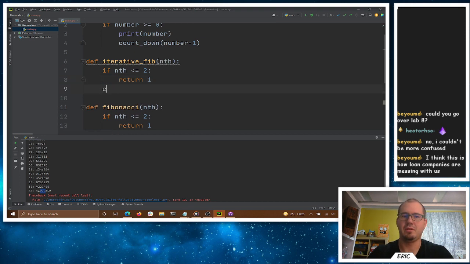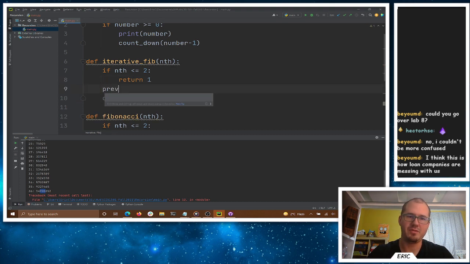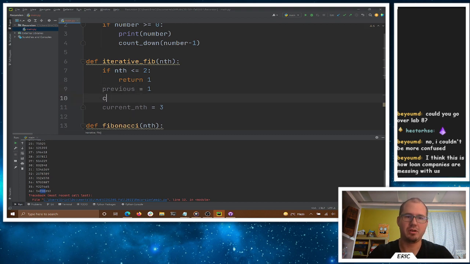Otherwise, we'll have a current nth equals, so we start at 3, and we'll have a previous that is 1, and a current that is 1. So the previous value is 1, the current value is 1, our current nth is 2. Okay?